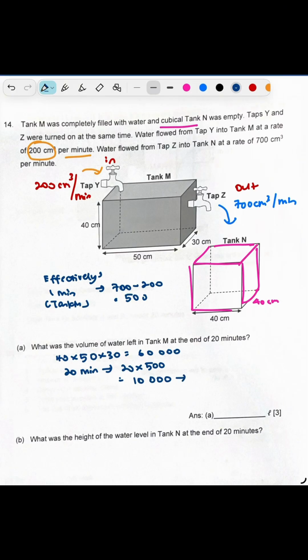This is the amount of water out of the tank. Effectively in 1 minute there will be 500 cubic centimeter of water out of tank M when both taps are switched on.